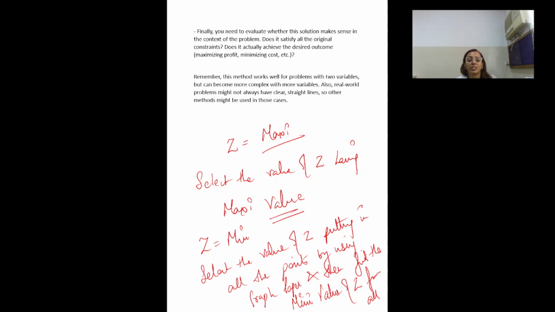Right, so this is the way we use the linear programming graphical method. This is the step-by-step guide I just explained. Now with the help of this step-by-step guide, you can solve practical numerical questions.